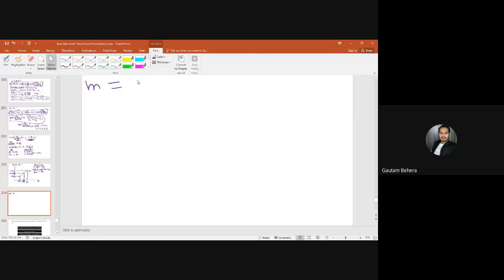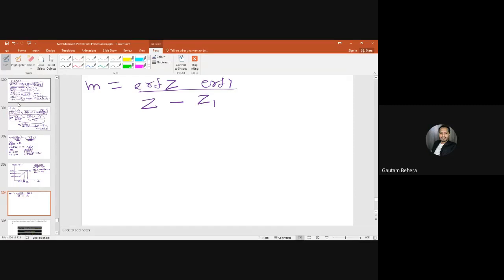So slope M is equal to error function of Z minus error function of 1 divided by Z minus Z1. It is okay up to this?